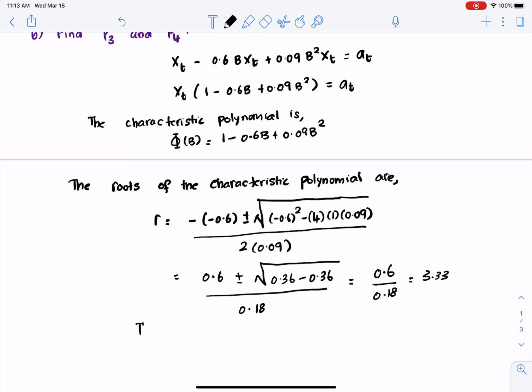So the roots are R1 equals 3.33 and R2 is equal to 3.33. So the roots are repeating.